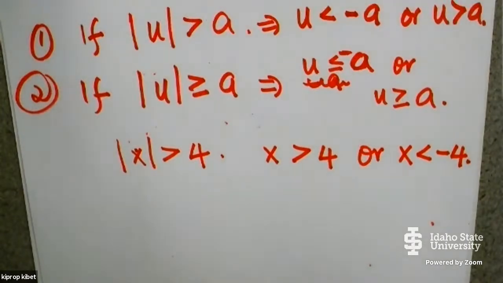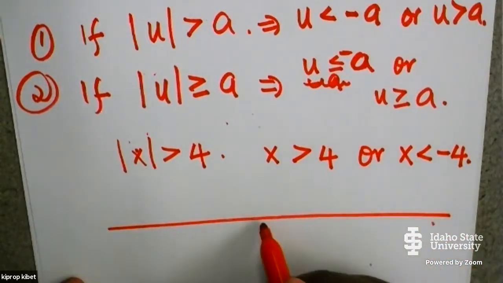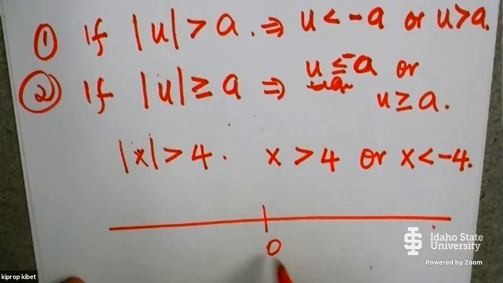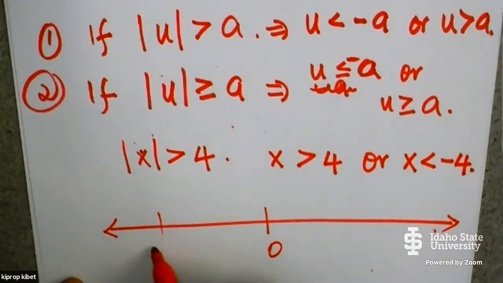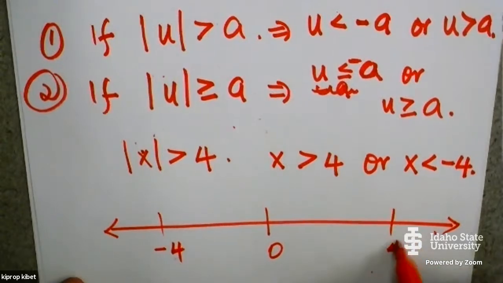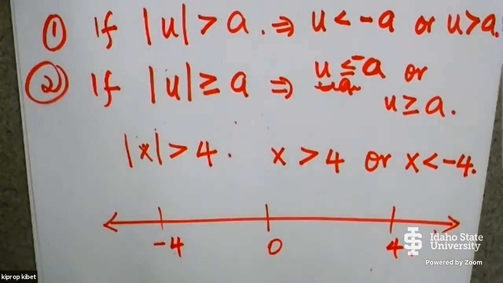Now, if we put this on our number line, this is 0, like that. We have minus 4 here and 4 here. So x is greater than 4.